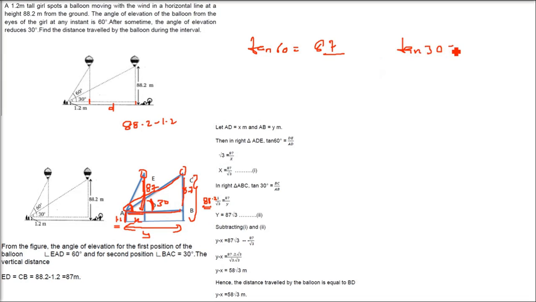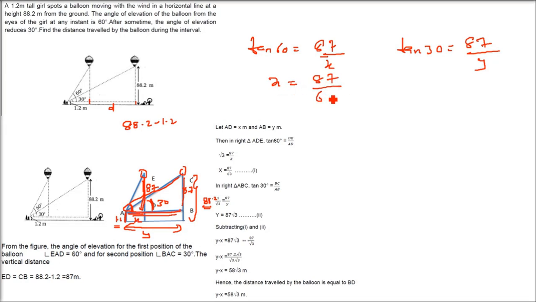So tan 30 is equal to perpendicular by base, this is 87 by y. That is the total distance of the girl from the second position of the balloon. Now we have to find out y minus x. Please remember y minus x.